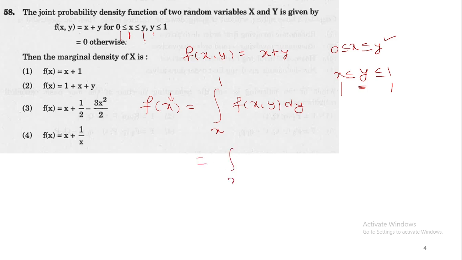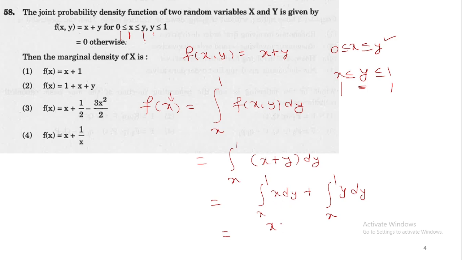So f of x is the integral from x to 1 of x plus y dy. Now we have to integrate this with respect to y. I will write it as the integral from x to 1 of x dy plus the integral of y dy, running from x to 1. If you simplify this, the integration of x, since it is a constant, is just x only.